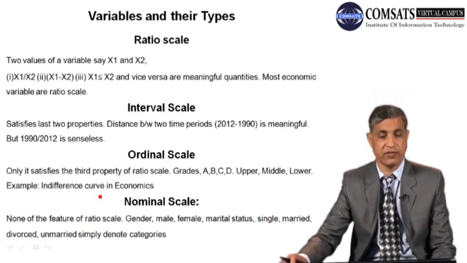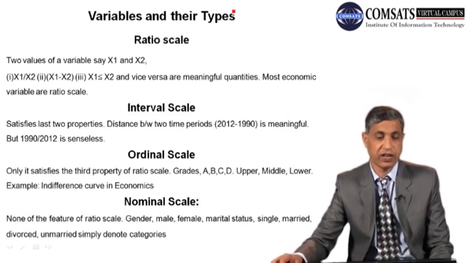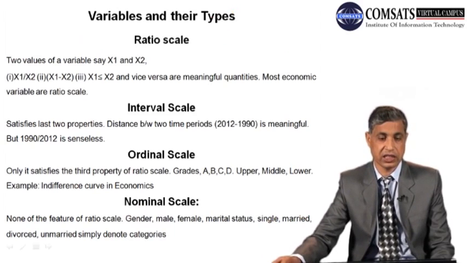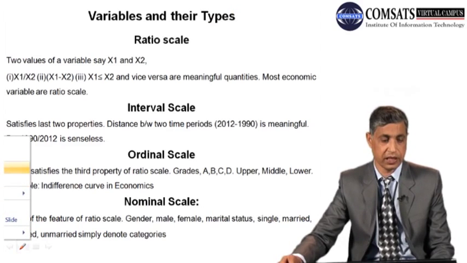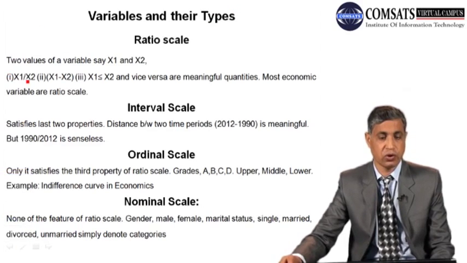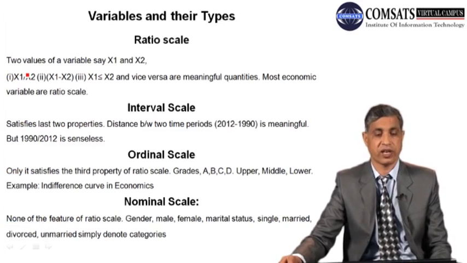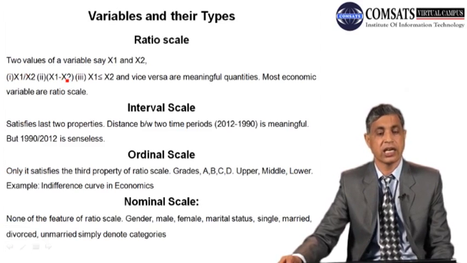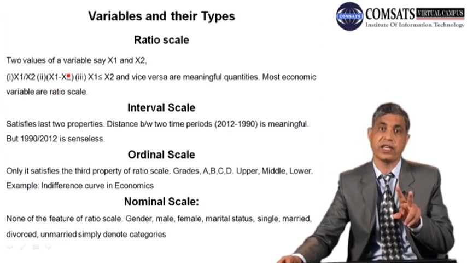And now I am going back to the first, the ratio scale variable. If you see, the first condition is simply that, if you look here, this is x1 over x2. The second condition is that their difference should be meaningful, for the two values of the same variable.